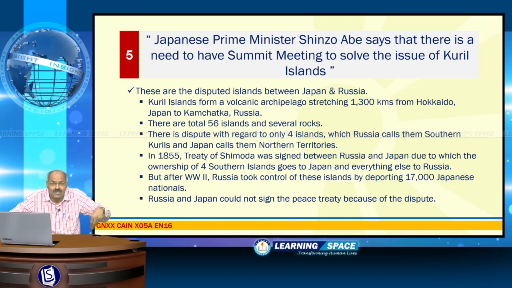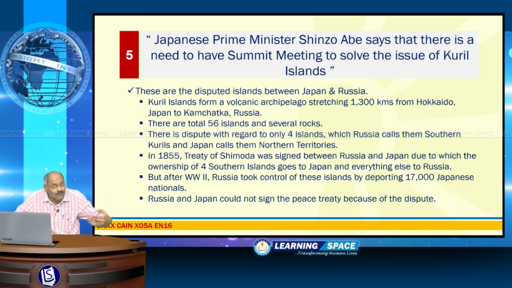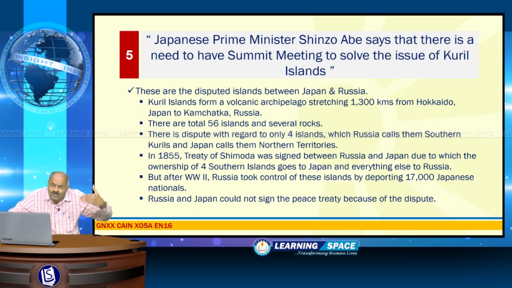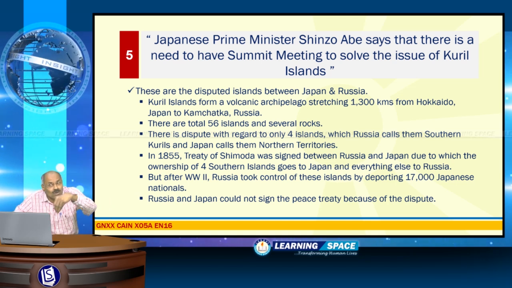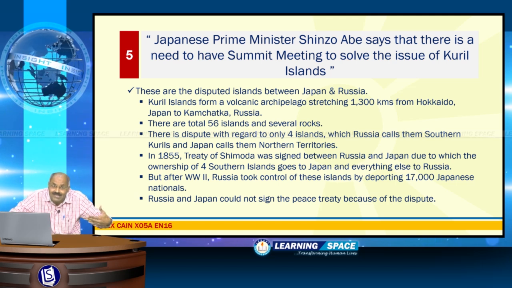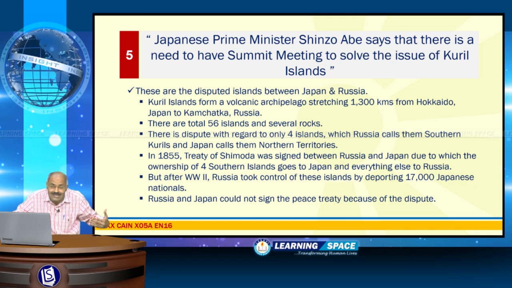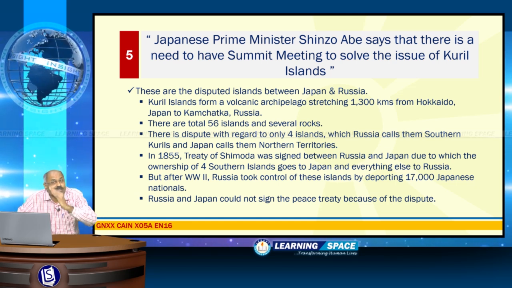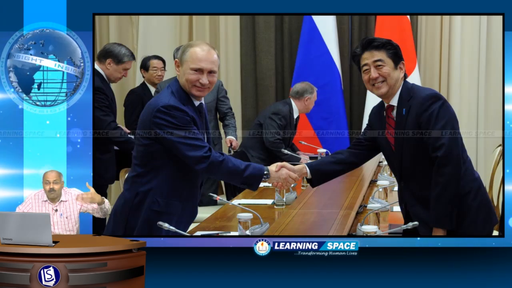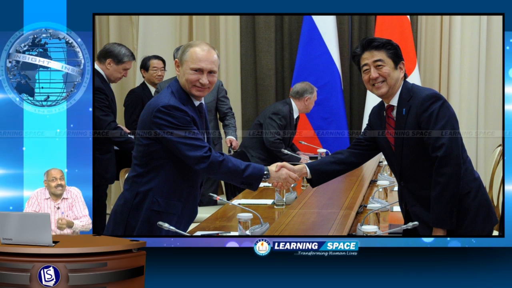But after World War II, all of you are well aware, Japan was badly defeated, and Russia took control of these islands by deporting 17,000 Japanese nationals, and from that date onwards, these 4 islands abutting Japan became the bone of contention between Russia and Japan, because of which Russia and Japan have not signed the peace treaty also.